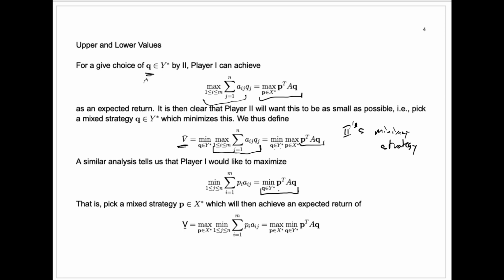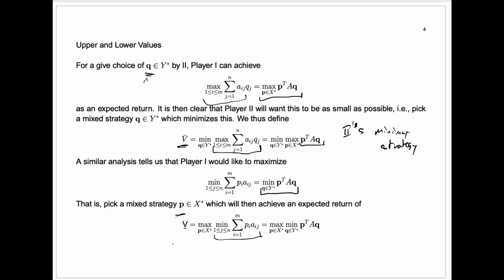This will be the best response strategy. And player 1 will want to pick a strategy P which makes this best response return for player 2 as large as possible, because player 2 wants that to be large. So player 1 will want to maximize, and so choose P in X star so as to maximize this quantity that we were just talking about. In other words, maximize the minimum value of P transpose AQ.